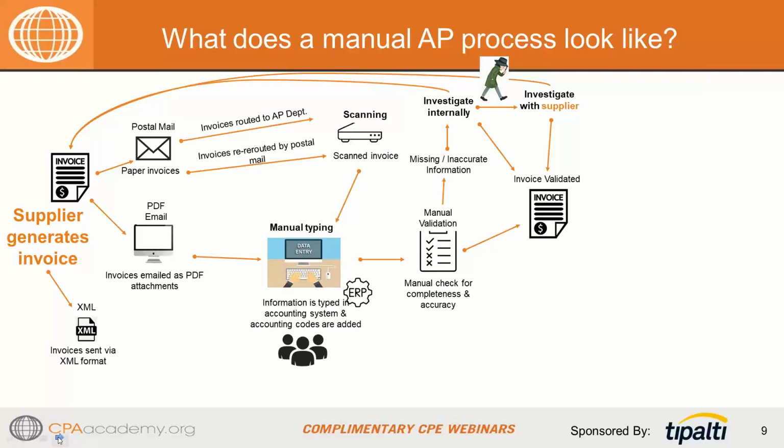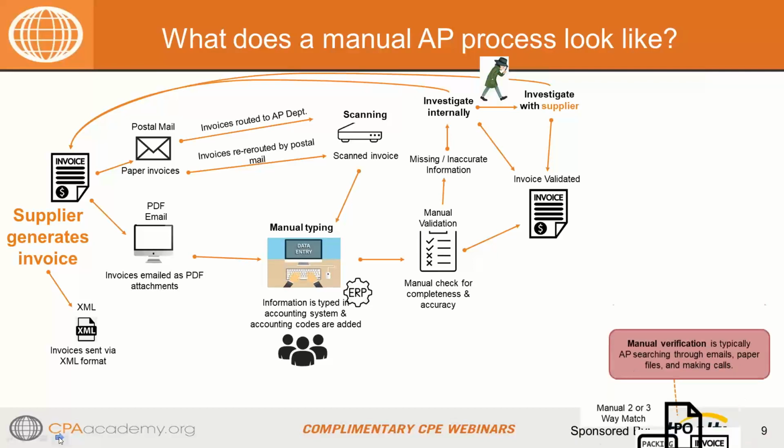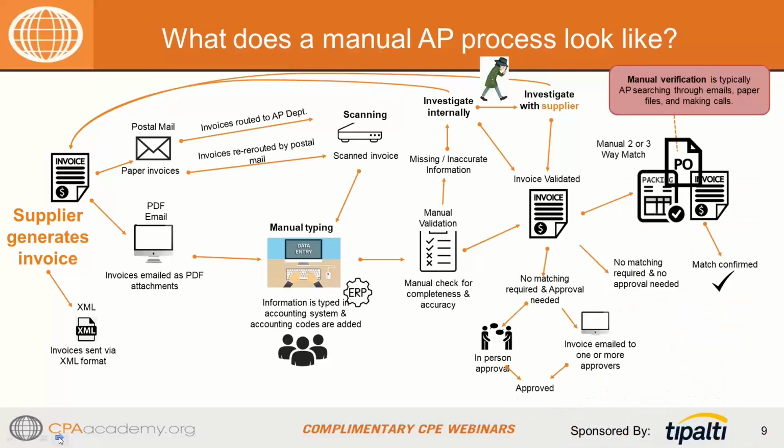We've got to do manual validation, take a look at what this invoice is for, determine that there is a PO open for it, and there's a lot of investigation that takes place. And then for the approval process, we've got to go through the matching, in-person approval in some cases where we don't have automated workflow. If the matching doesn't take place, there's some investigation that needs to happen at that level.